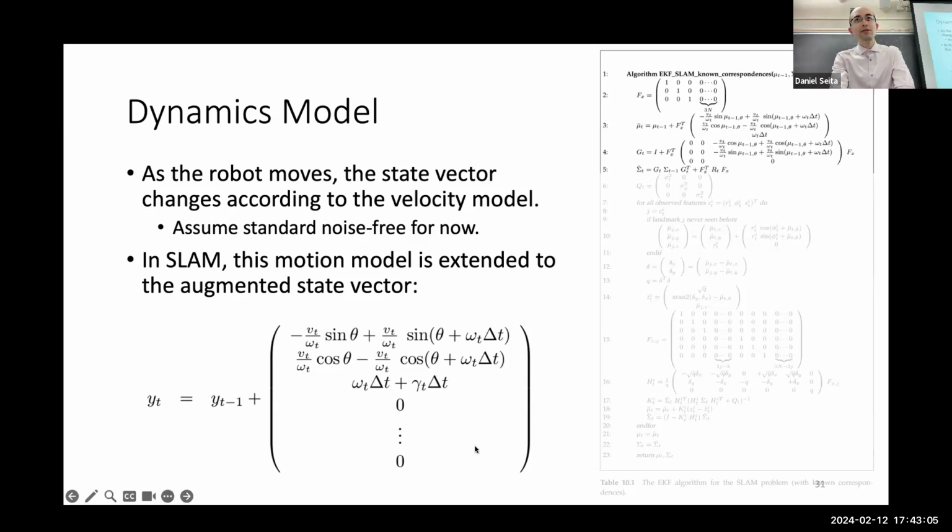So what happens here is the state vector has the first three components, then a whole bunch of zeros that just indicate where all the remaining components that correspond to the map are. Everyone see why this is zero?